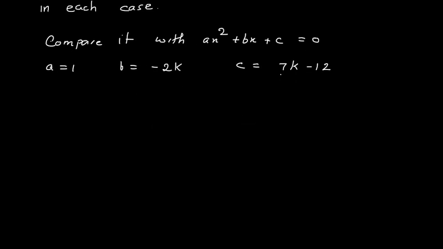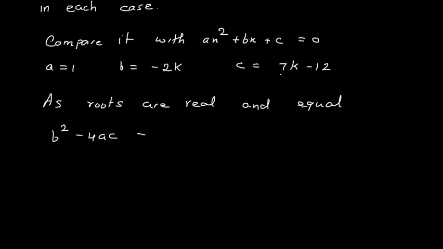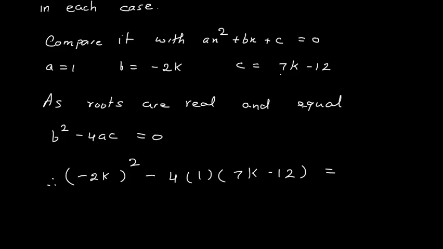As given, the roots are real and equal, so we say that b square minus 4ac is equal to 0. Therefore b square is minus 2k whole square, minus 4 into a into c, which is 7k minus 12, equals 0.